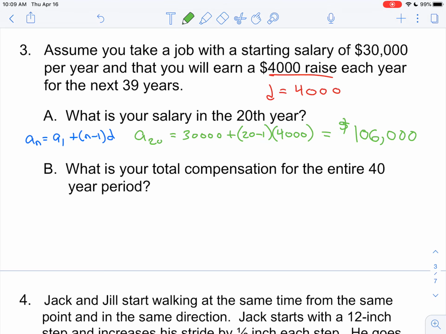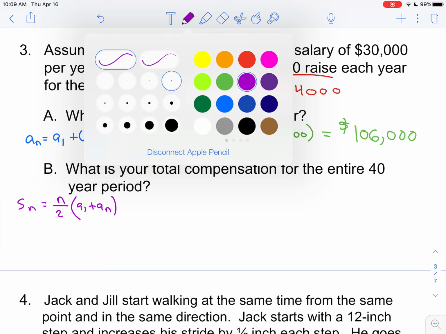All right, now part B is the total compensation. So it does want the sum of all 40 years of work. So it's the number of years divided by 2 times the first term plus the last term. Or actually, I'll make this the generic formula first. S sub n. Okay, so here's the thing. We do know the first term, but we don't know the 40th term.